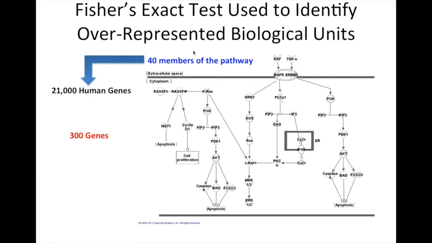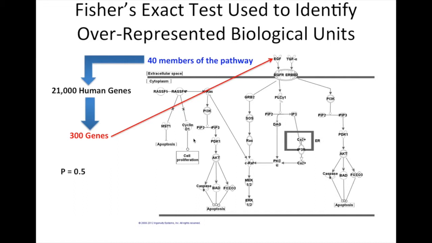These 40 members are part of the 21,000 total human genes that we know of. You can think of these as 40 pink balls in a sea of 21,000 green balls. Given the genes that I know are different in my biological condition, what are the odds, if I just drew randomly 300 times from these 21,000 genes, that I would get 1 pink ball?